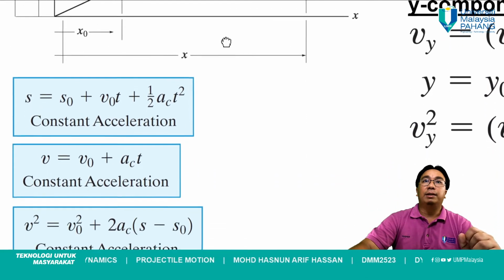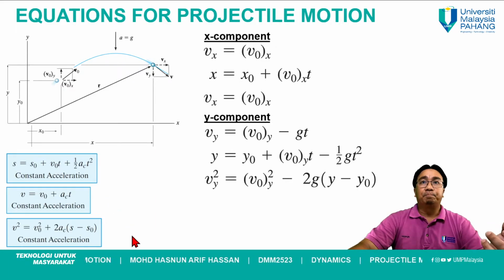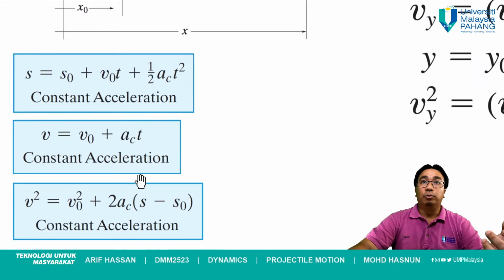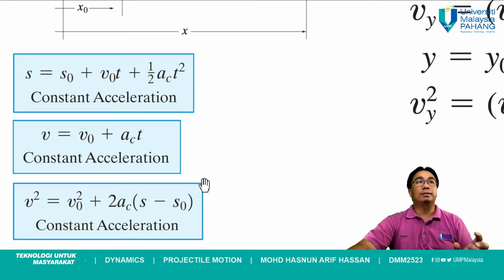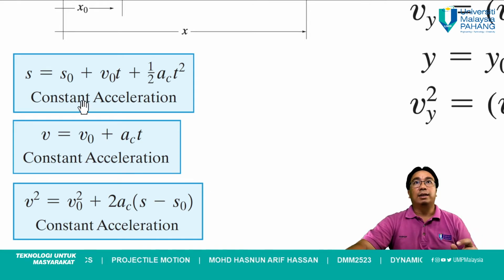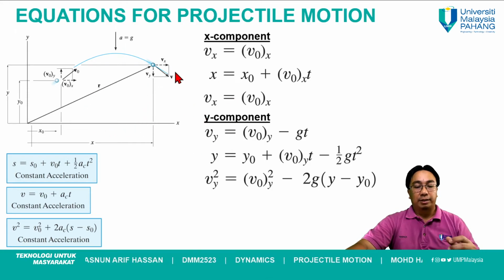Dan apabila dia termasuk dalam golongan constant acceleration, kita akan boleh gunakan three equations yang kita belajar sebelum ni dalam case of constant acceleration, which is these three, and then kita akan sesuaikan dengan kita punya case of projectile motion.